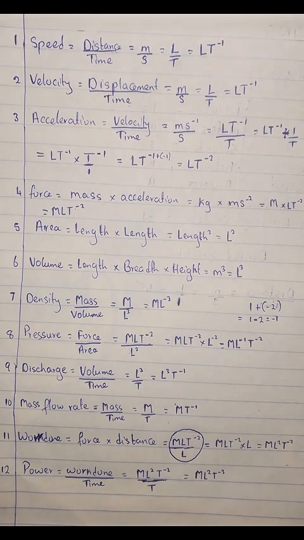So strain is a dimensionless quantity. So, the dimension for stress is force all over area. Young modulus is stress all over strain. For energy is force times distance. Yeah, so this is all that you'll be doing for me.